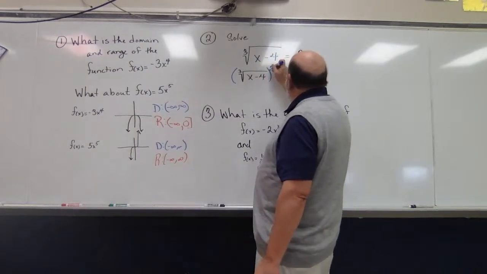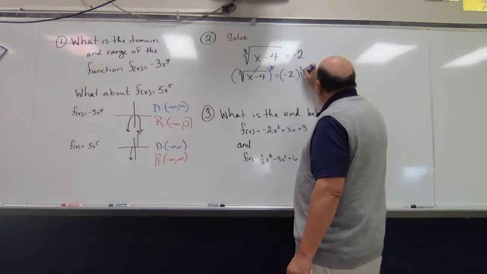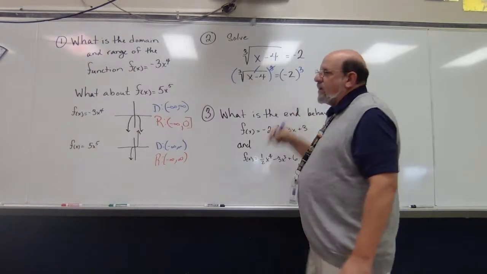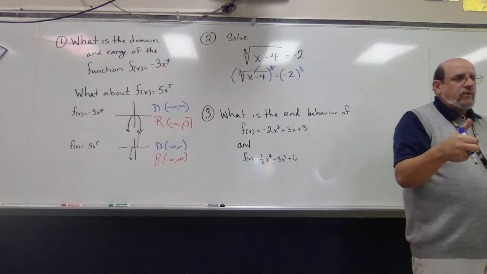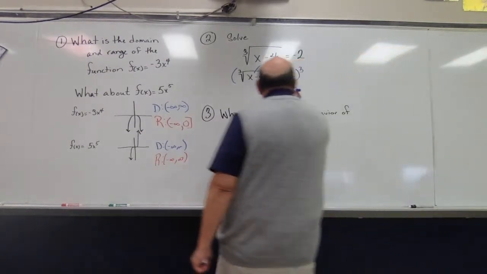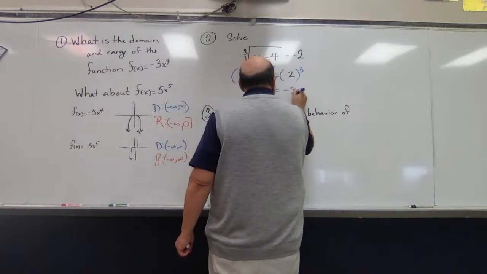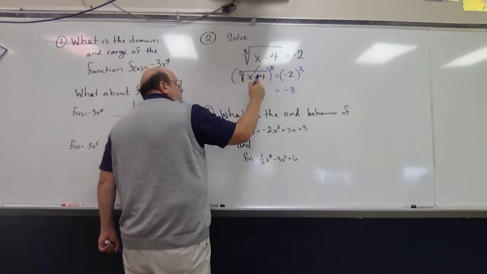So this cube gets rid of this root. If I cube this side, -2 times -2 times -2 is -8. So equals -8. And I just got rid of this radical.